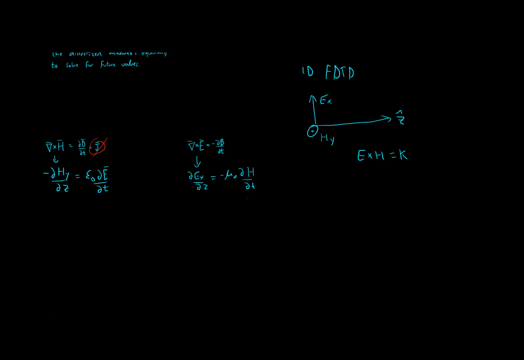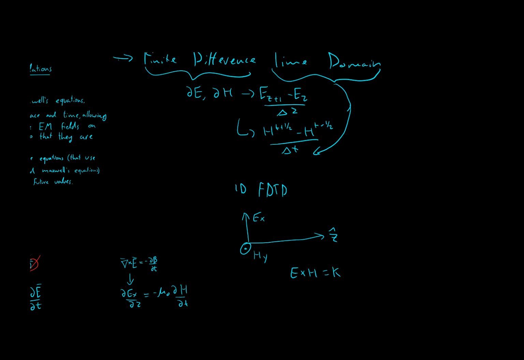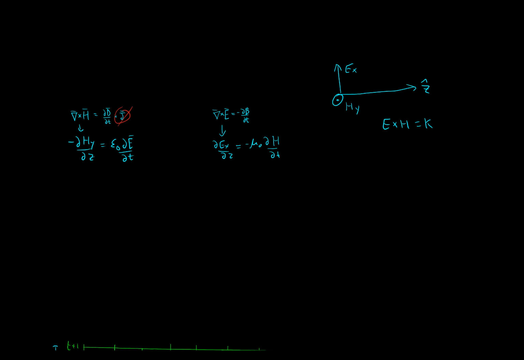Now, how can we discretize it for it to work in a program? Well, that's where the finite difference algorithm comes in. Negative dHy by dz becomes negative Hy at z plus 1/2 minus Hy at z minus 1/2 over dz, which is equal to epsilon naught times Ex at point z at time t plus 1 minus Ex at point z at time t, all divided by delta t.